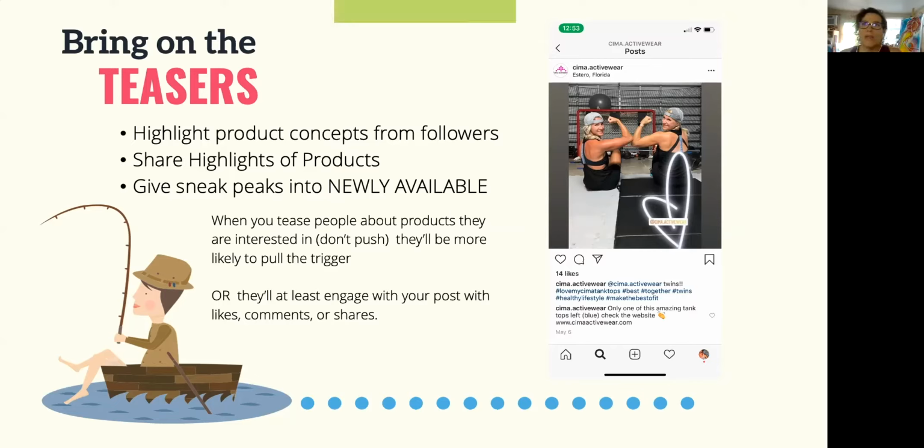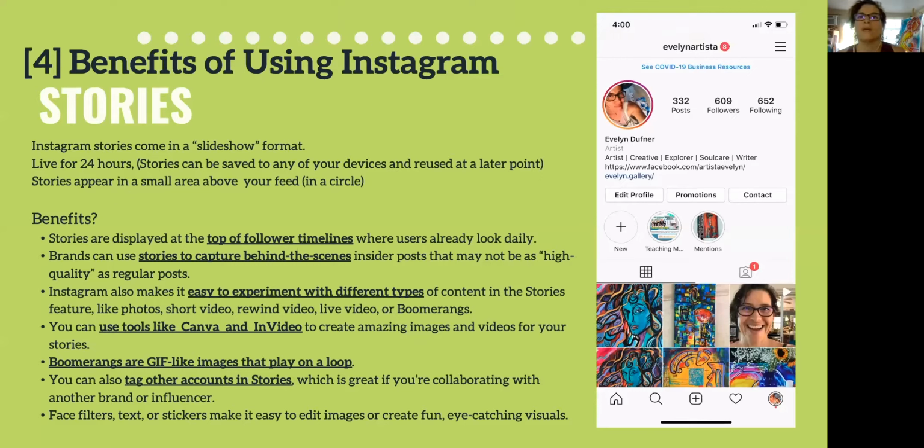So another piece to this is Instagram stories. If you look at the screenshot when it comes up, there we go. My little photo is part of my profile up here in the top left corner of the screen. There's a glow around my profile, and that indicates that I've created a story.